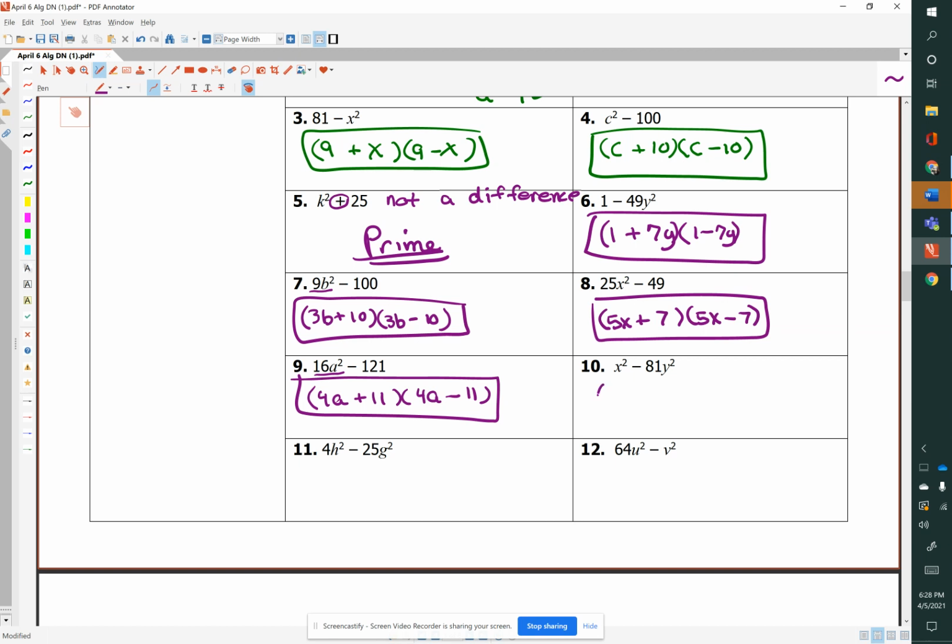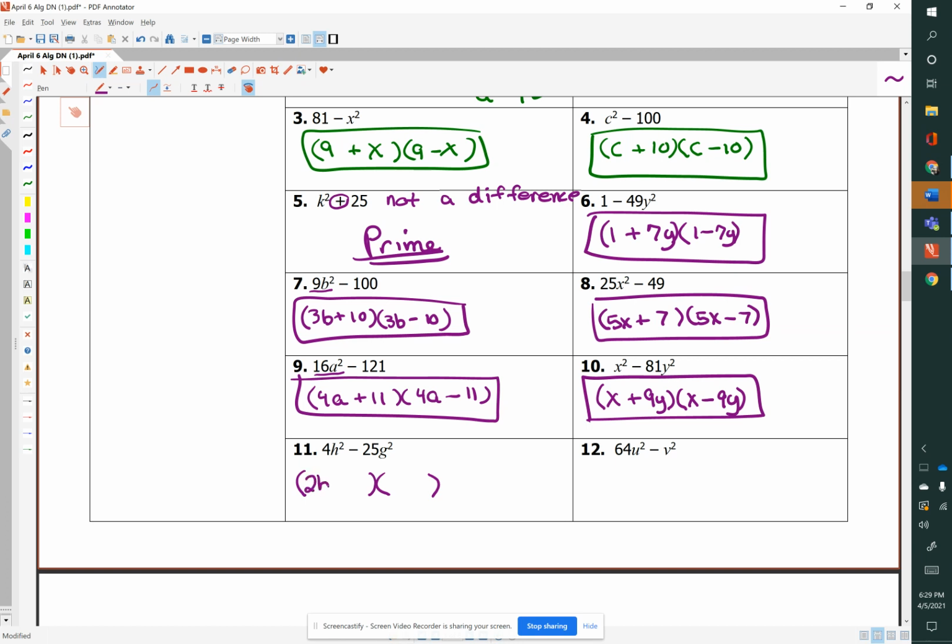Number 10, we have x squared minus 81y squared, both perfect squares. So we have x plus x minus 9y, 9y. And number 11, we have a perfect square in 4h squared, and a perfect square minus 25g squared.